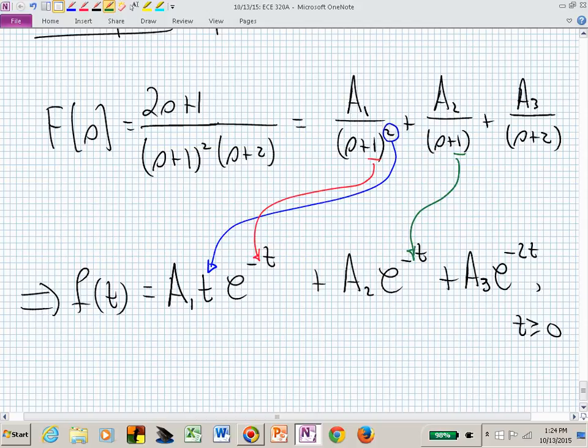And now I've run out of colors, but I'll go back to blue. Maybe I won't, because I don't want you to confuse it with the 2 there. All right. This 2 is right there. Do you see what I'm suggesting you could write down for the structure of little f of t on the exam? You would just have to know how to partial fraction expand it. You wouldn't have to solve for A1, A2, and A3.